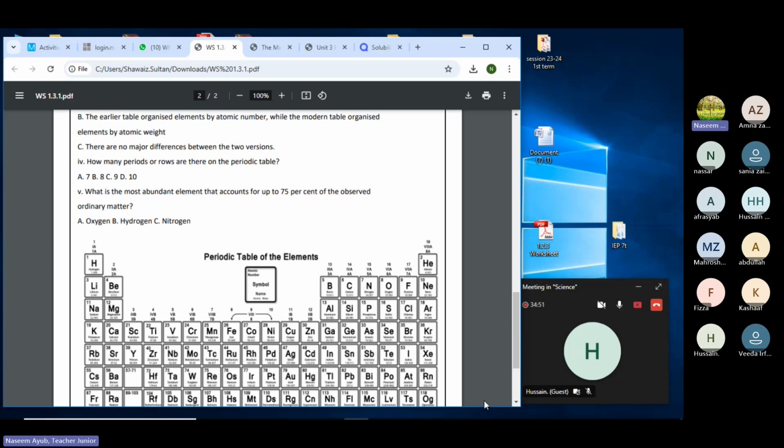Water is composed of hydrogen and oxygen, so that's why it's present in our body as 10%. We need water, and we need hydrogen for many chemical reactions. That's why the answer was hydrogen for this question.